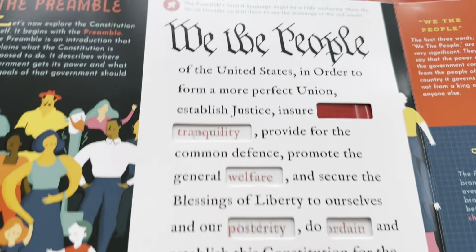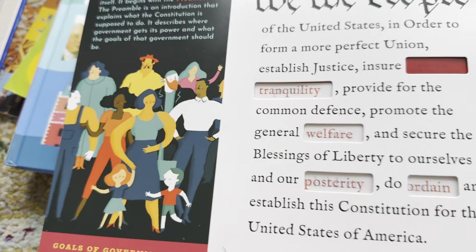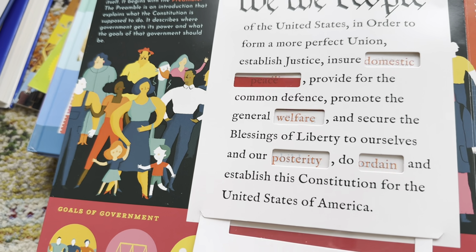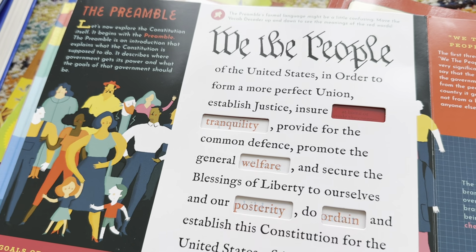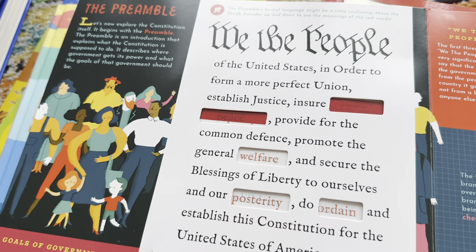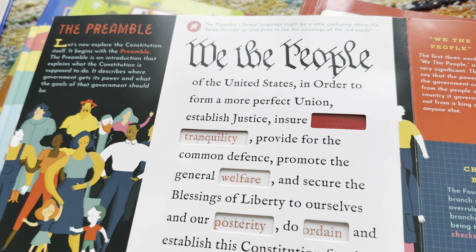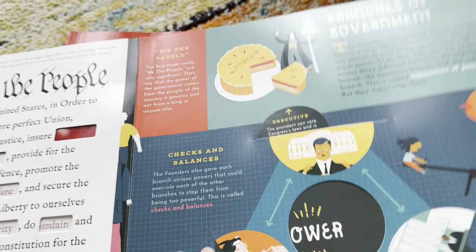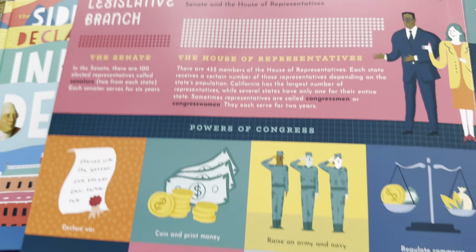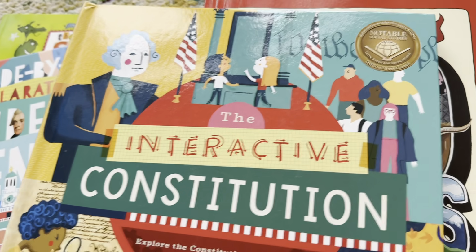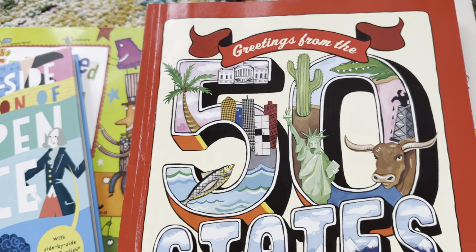And then this is color changing words right here. It goes like that. See that? Oh, this is cool. I haven't used this one yet. I feel like I'm looking at this with brand new eyes. I haven't used this one because I felt like my kids weren't ready quite for it. Now we are ready. So then that is the interactive Constitution one.